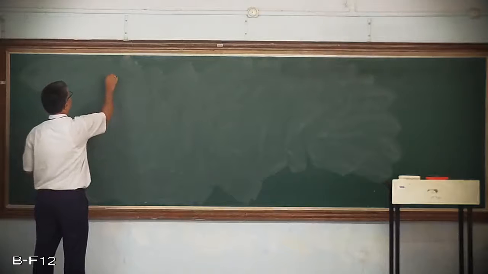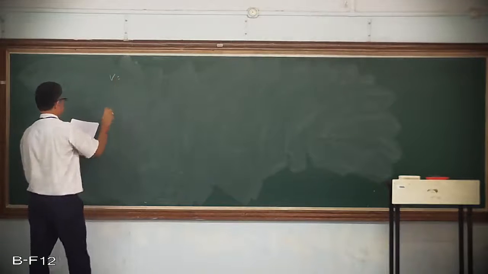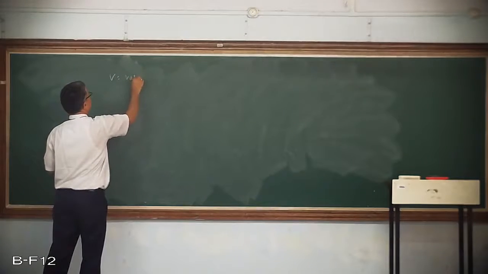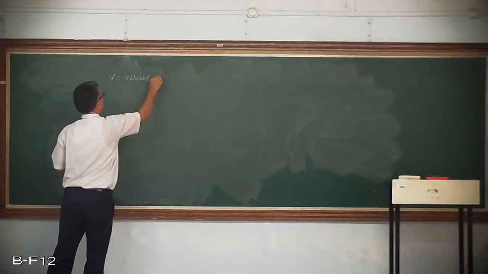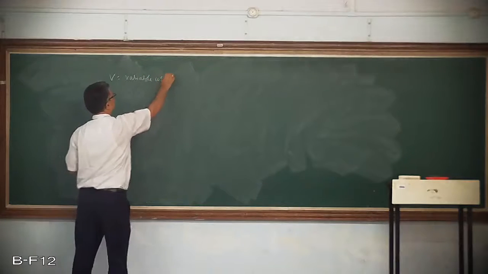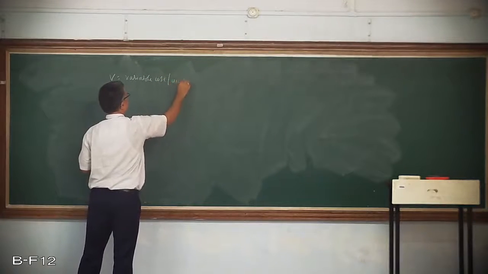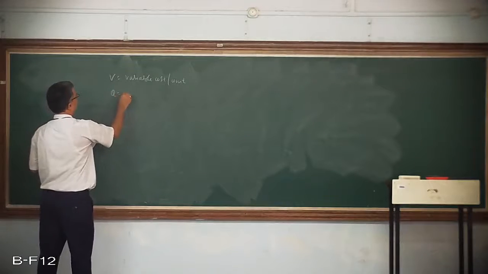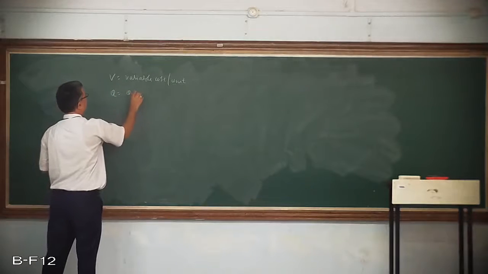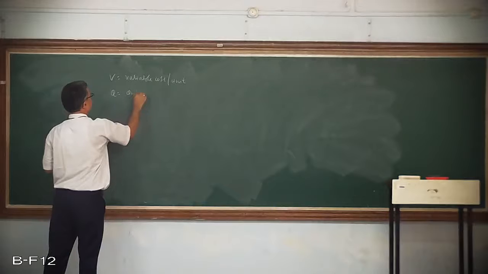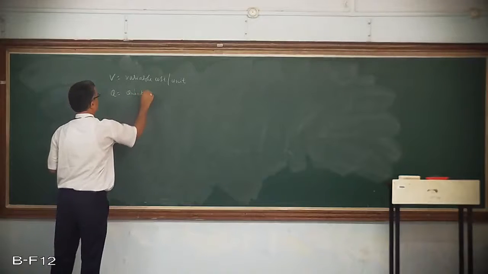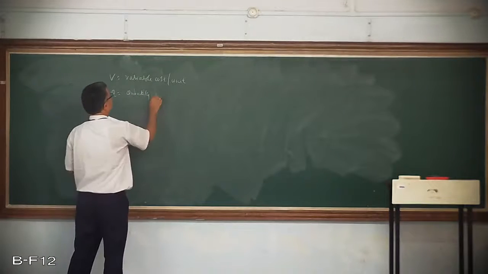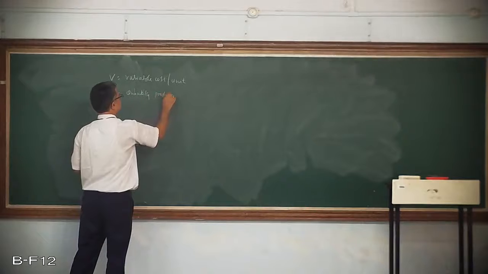So let us say V indicates variable cost per unit and Q is equal to quantity produced or manufactured, of course, produced.